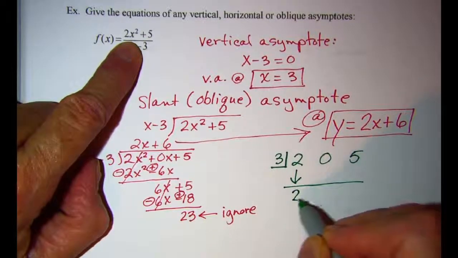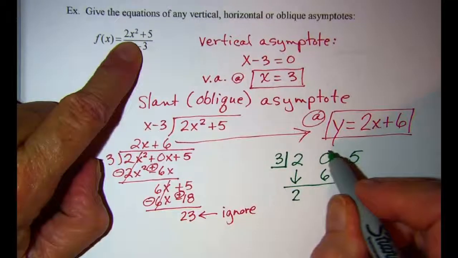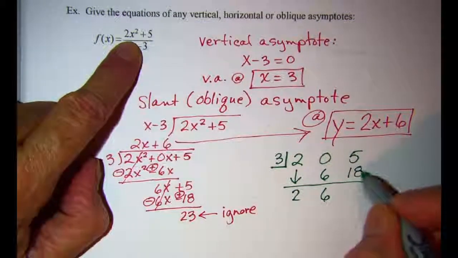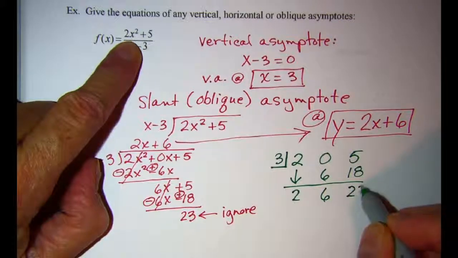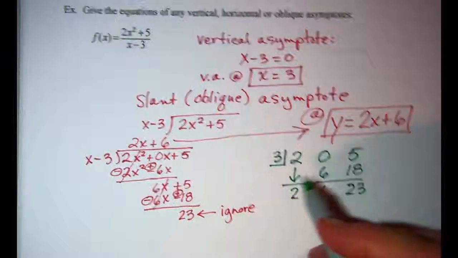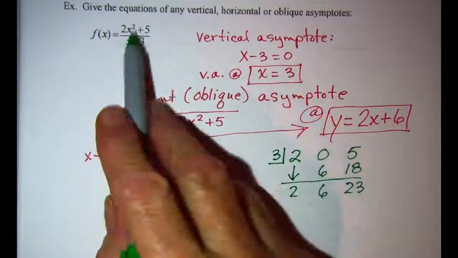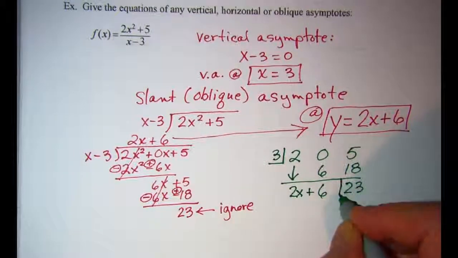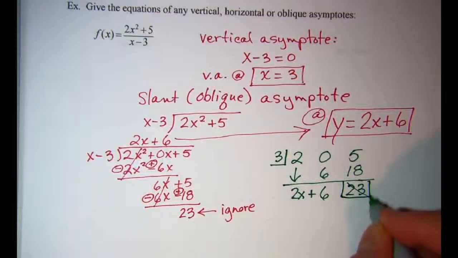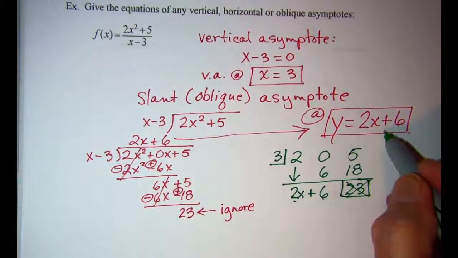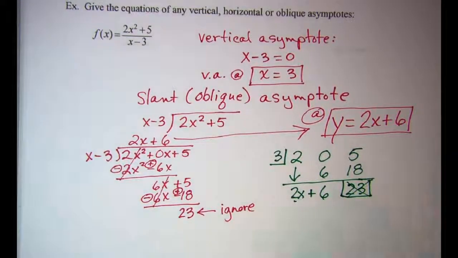So 2, multiply, write it, add, multiply, write it, add. And then when we put our variables back in, since this was x squared, this will be 2x plus 6. This is my remainder, which I'm going to ignore. So y equals 2x plus 6 is what we got originally when we did it with long division.